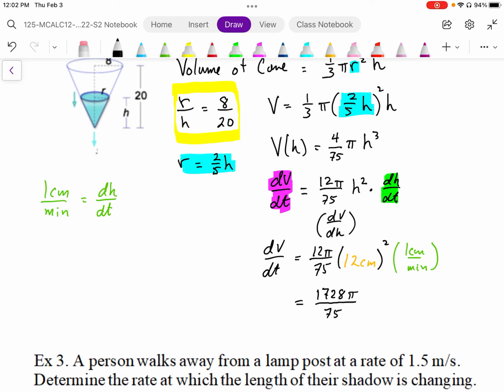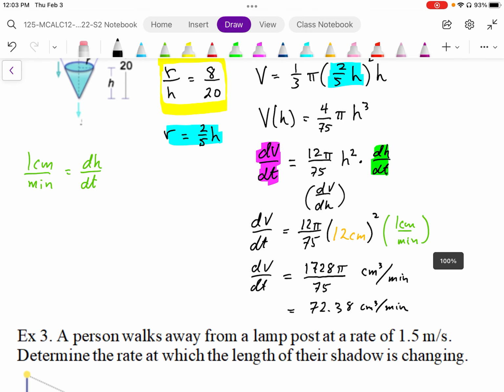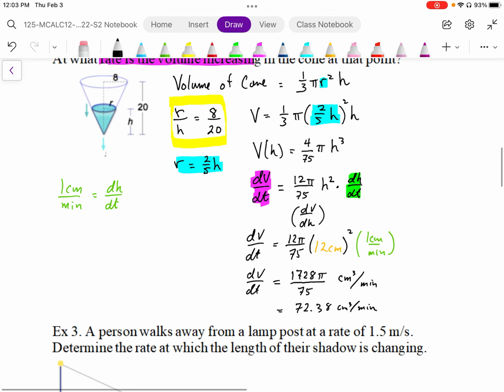This actually simplifies, but the units are going to be centimeters squared times centimeters, so centimeters cubed, and per minute. And that is the right rate that I want. That is a change in volume over change in time. When I work this out on my calculator, it works out to be 72.38 centimeters cubed per minute. And that's the rate that I wanted. Okay, and if we go back to the animation, this is the same rate that we had calculated at that specific time.